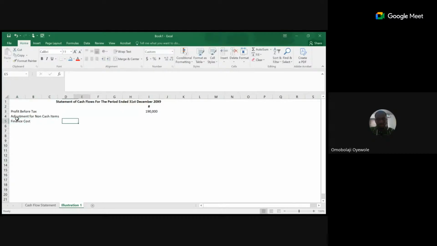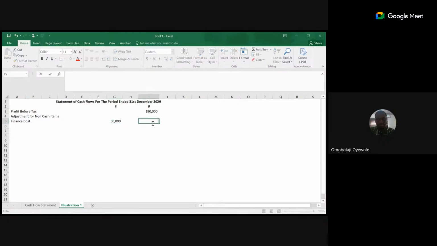In the question, our finance cost, that's interest charge, is 50,000. Now, remember that your finance cost has been deducted before arriving at your profit before tax. So we are going to add it back. Let me put another naira sign here. So let's bring this to this place.